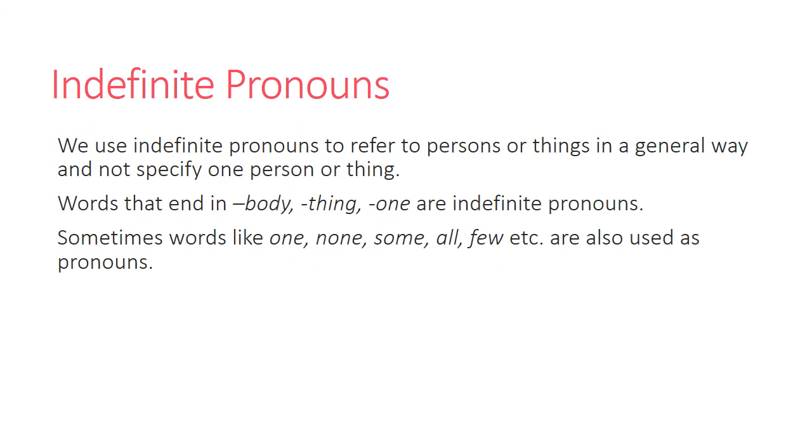Indefinite pronouns. We use indefinite pronouns to refer to persons or things in a general way and not specify one person or thing. Indefinite means we cannot define or point out, like we are talking about someone or something particular. It is in general. Words that end in body, thing, one, like somebody, something, someone, are indefinite pronouns.